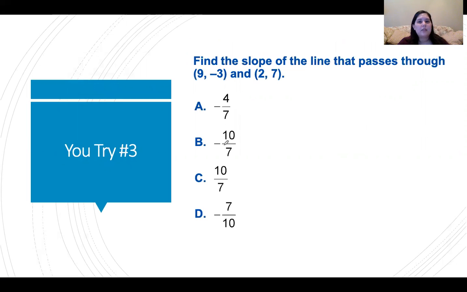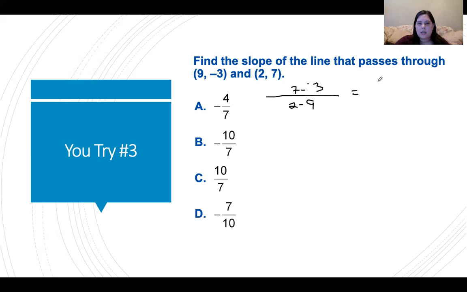All right, go ahead and pause the video so you can try this one on your own: find the slope of a line that passes through the points (9, -3) and (2, 7). All right, so here we go. I'm going to take my second y value, 7, and subtract the first y value of -3 and divide by 2 minus 9.